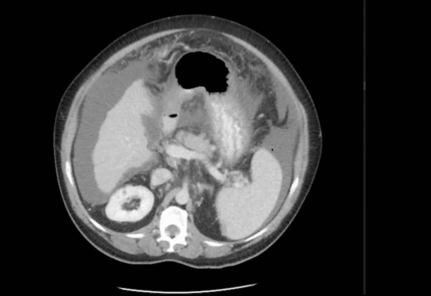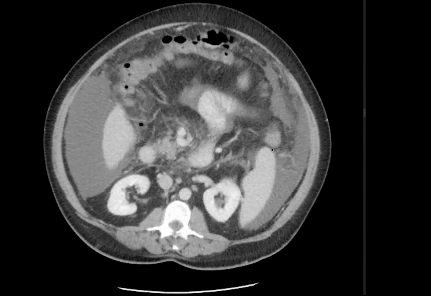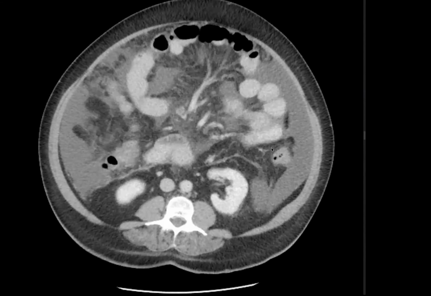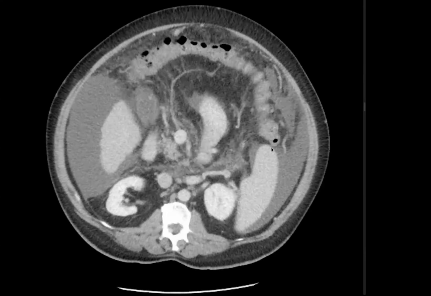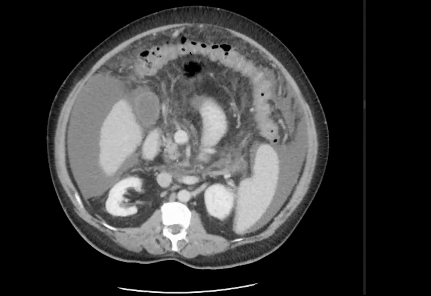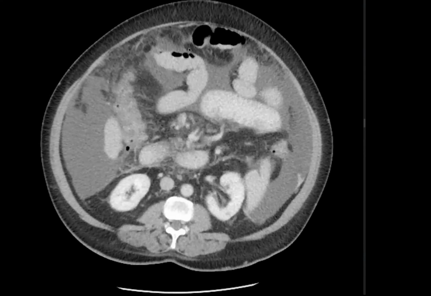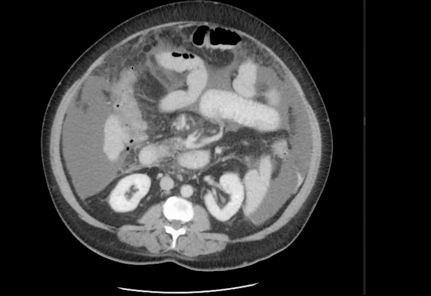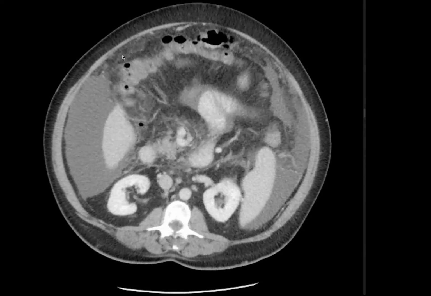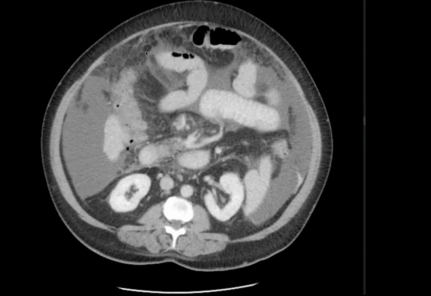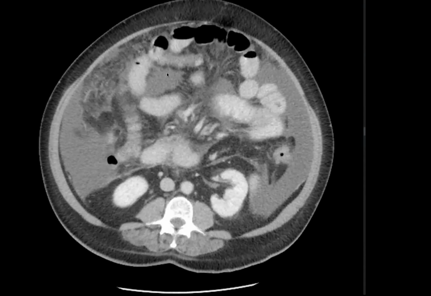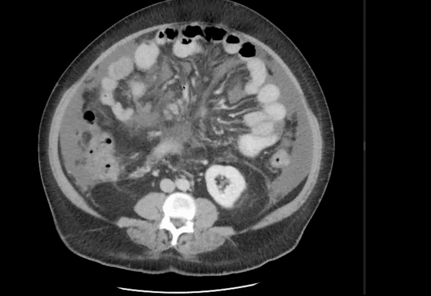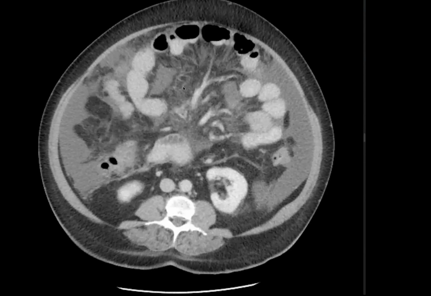When you say mesenteric panniculitis, if you explain the word to me, what do you mean? So there is infiltration of the... sorry, I meant the omental caking. Can you show me the areas where you think there is omental caking? Here. What do you understand by the term?